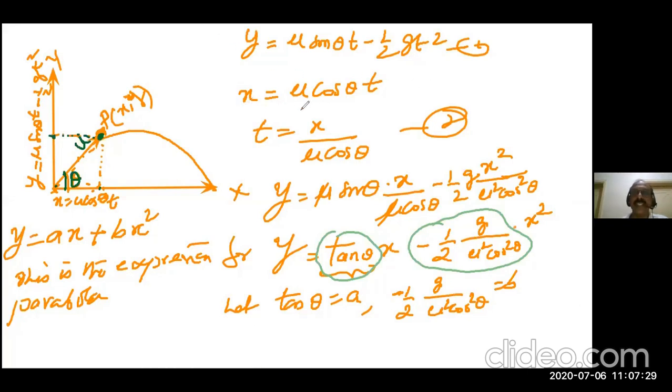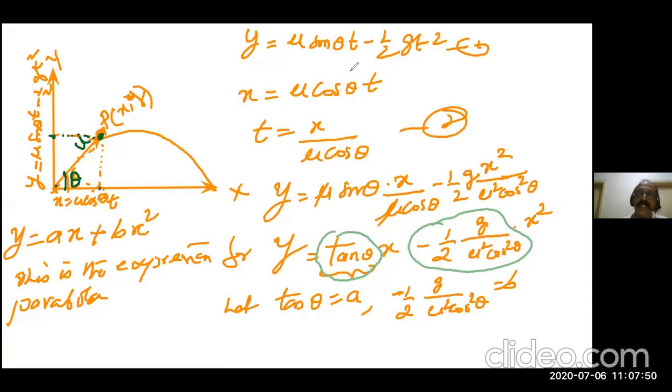Then x is equal to u cos theta into t, so t is equal to x by u cos theta. This is equation number 2.